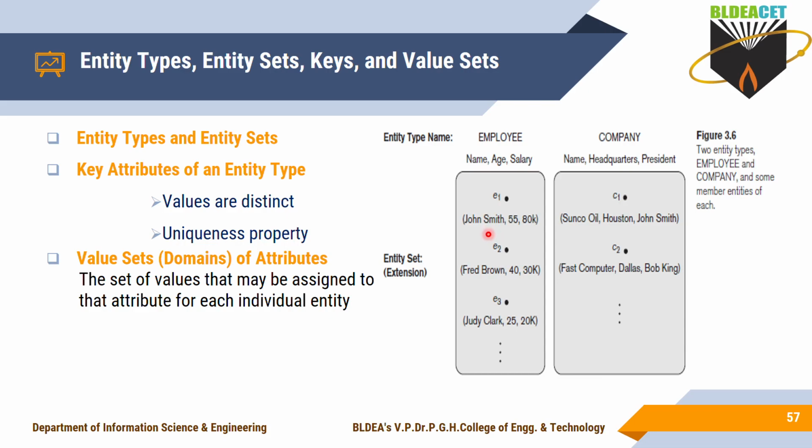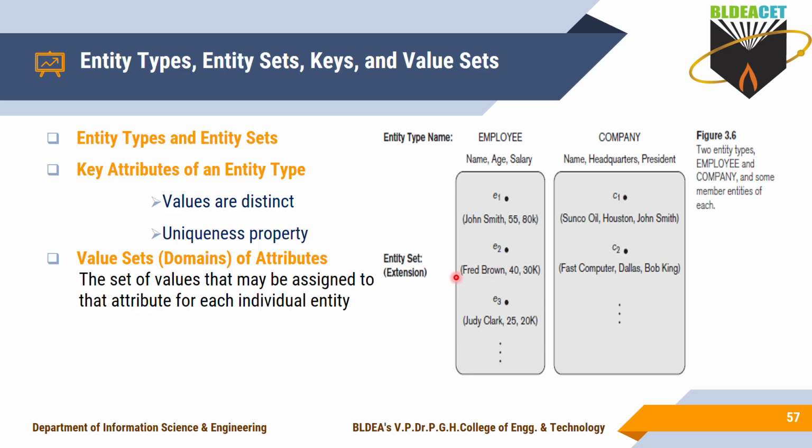All these entities share the same attributes. What are those? Name, age and salary. For E1 you have entered a value for the name, the age and the salary. E2 also shares the name, age and salary, and E3 also shares the name, age and salary. Such types of entities we call an entity type.